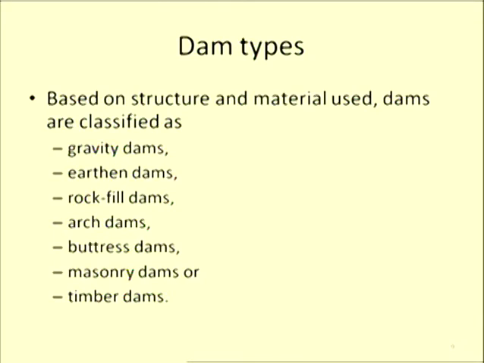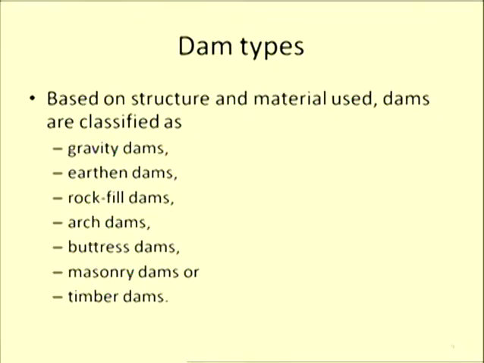Let's look at the different types of structures we can create as a dam to hold the water upstream. I would show you how the water can be held on the upstream side. But before that, let's understand some terminology used, or the classification of the dam.